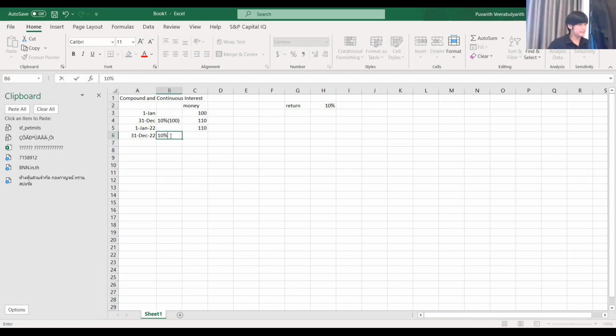So my 10% return multiplied by my money at the 1st of January, which is 110, right? So it's going to be 110 plus 11, and it is equal to 121.